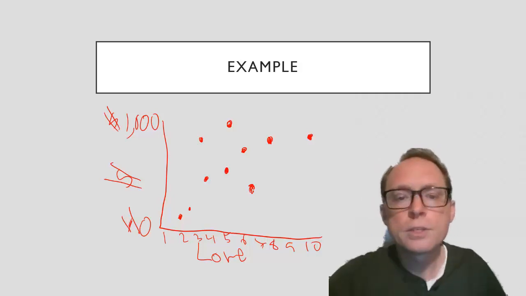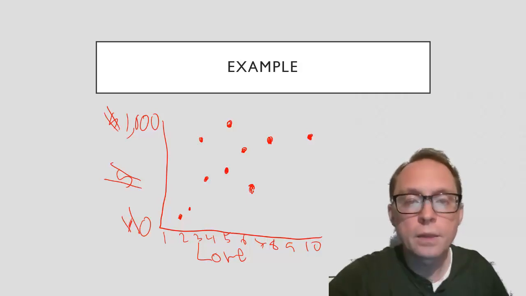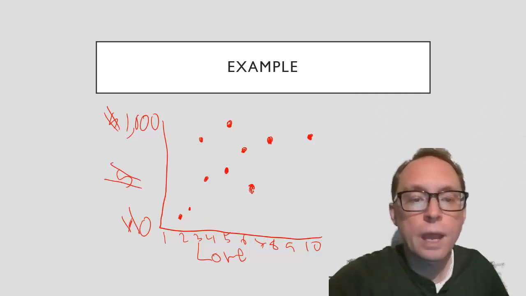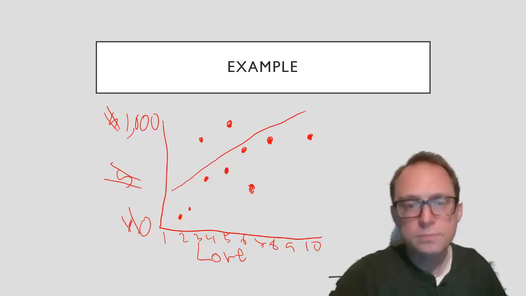So what we're doing, if we're looking for the relationship, is looking for what's called the line of best fit. The line of best fit is the line that has the shortest distance between all of these different spots. And it would be probably something like this.